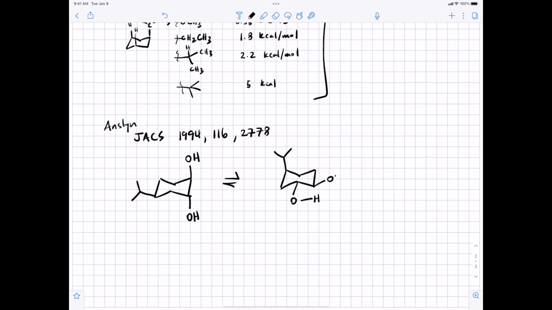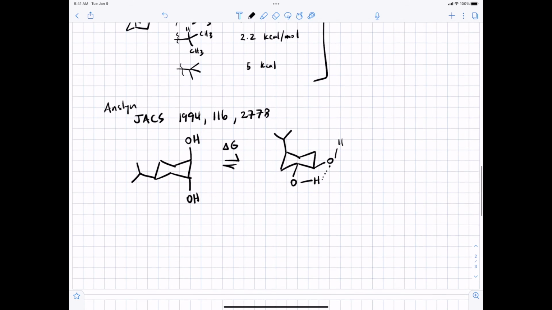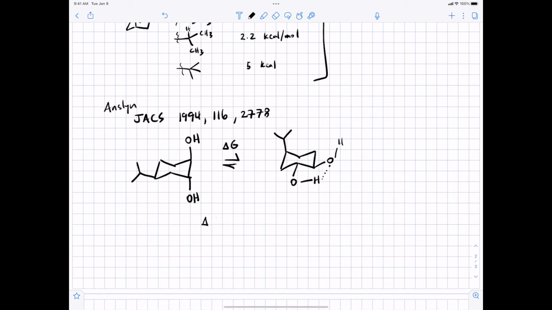And Anslyn reasoned that there might be a hydrogen bond between this oxygen and that hydrogen. And if so, you could predict what this delta G would be based on A values alone. So you could predict that this is going to be the A value for having the isopropyl group axial minus the A value for having one OH group axial minus the A value for having another OH group axial.